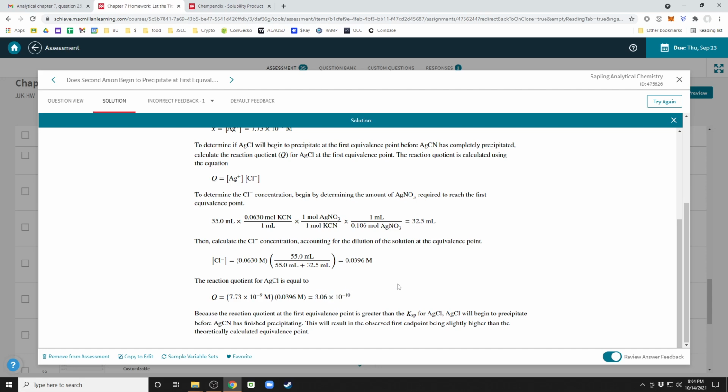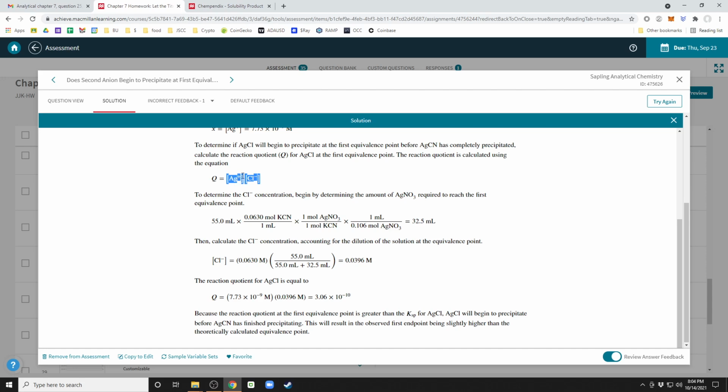So if our reaction quotient is greater than KSP, that means we're going to have too much dissolved, and some of it will precipitate. One of the ways you can think about this is that this number on the top here is too large, so it needs to become smaller. How would these numbers become smaller?